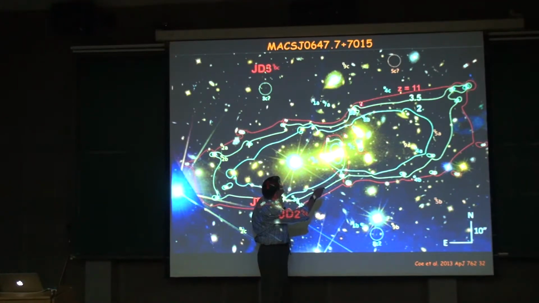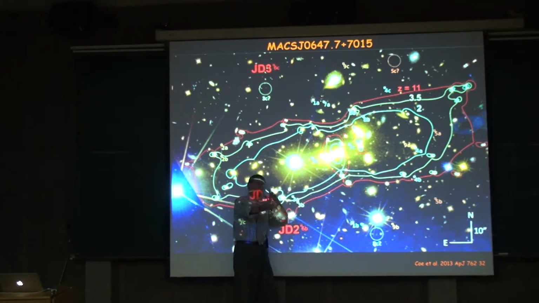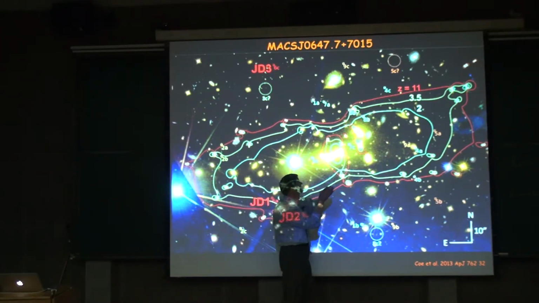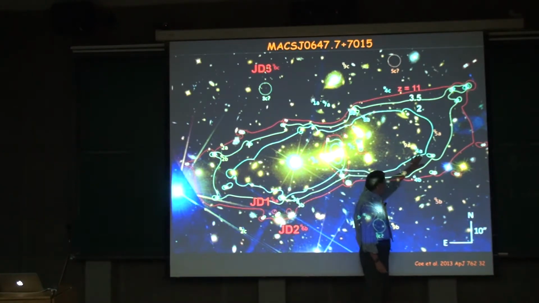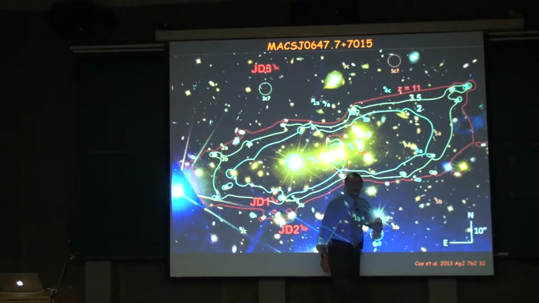The redshift 11, you would expect them, because the further away you are, the less diverging the sightline is for an extended object. And so the more distant objects would be a little further out from the cluster of galaxies. So for redshift 11, which is more distant than redshift of 3.5, which is more distant than redshift of 2, you would expect to see possible images of distant galaxies falling along these contours.